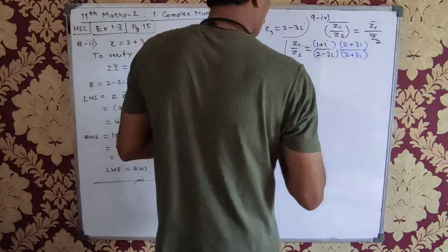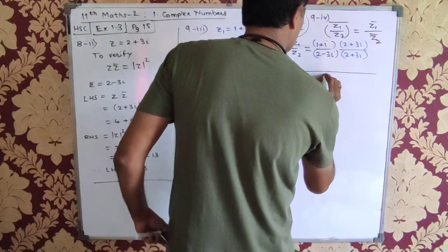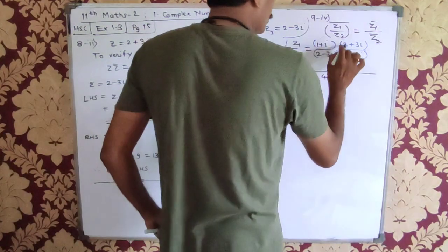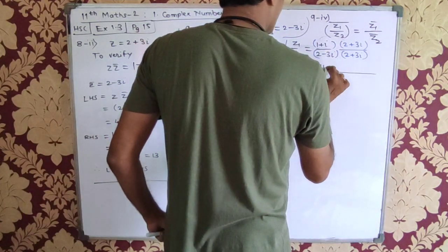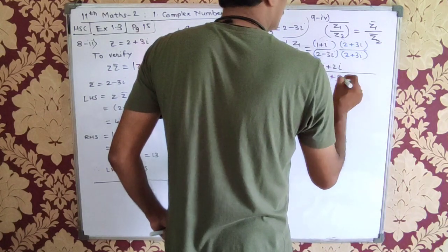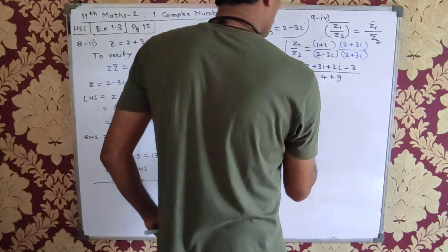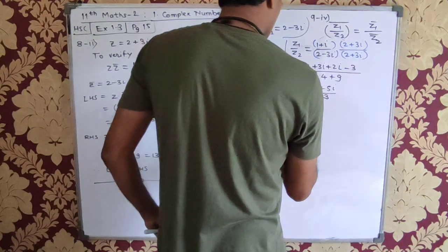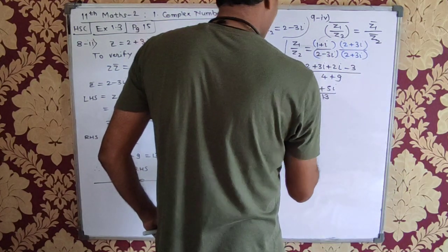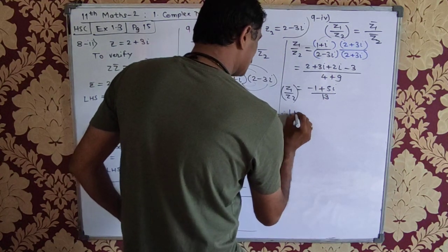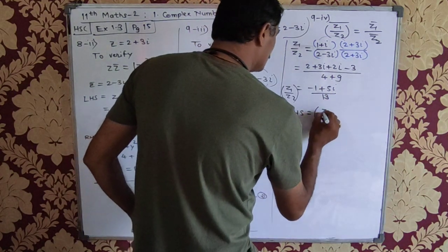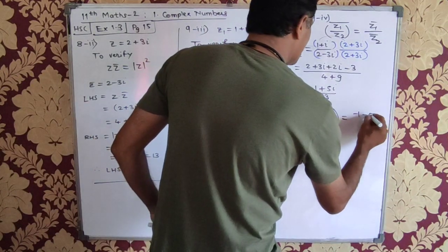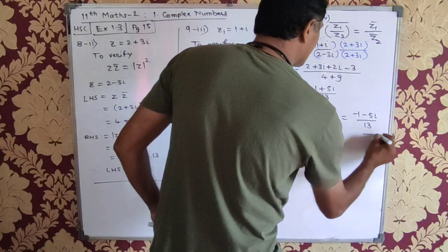The denominator is 4 minus 9i square, which is plus 9. The numerator is 2 plus 3i plus 2i plus 3i square, which is minus 3. So this is (minus 1 plus 5i) upon 13. This is Z1 upon Z2. Therefore LHS is the conjugate of Z1 upon Z2, that is (minus 1 minus 5i) upon 13, equation 1.